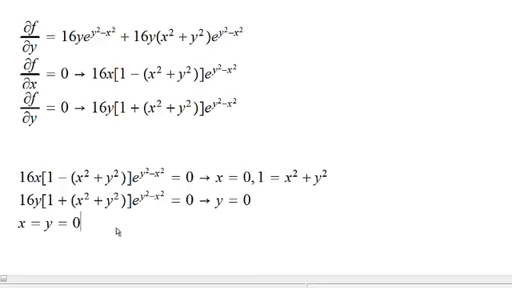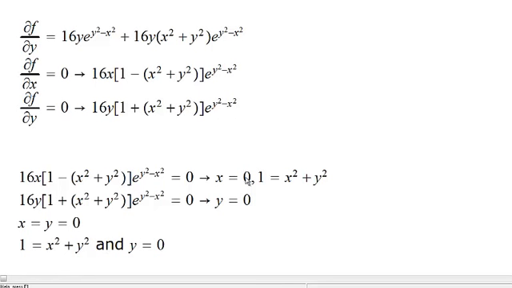So this is one part: x and y both are 0, right? And the other part is that if this is 1 and y is 0, then both of these will be 0. With me? Jocelyn?